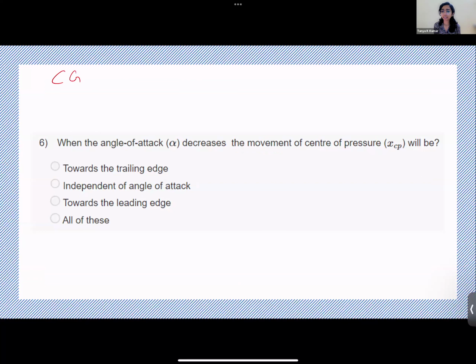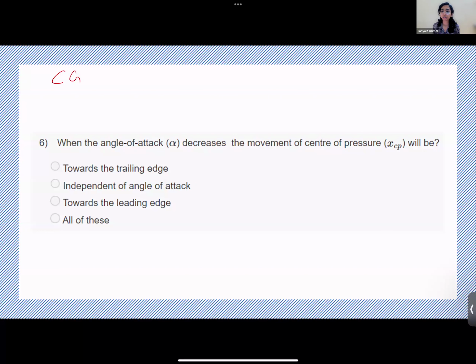Center of gravity. Does the center of gravity change with angle of attack? It's fixed, right?